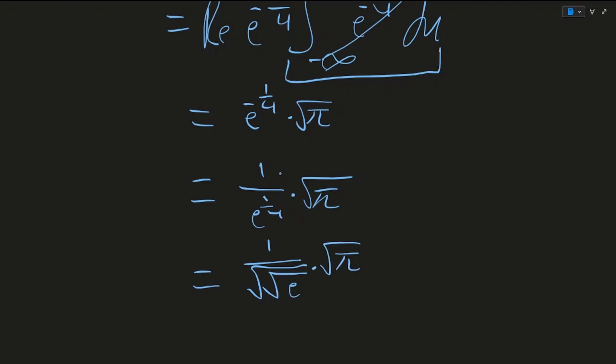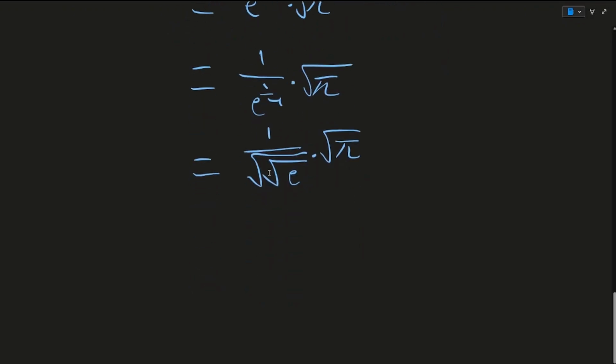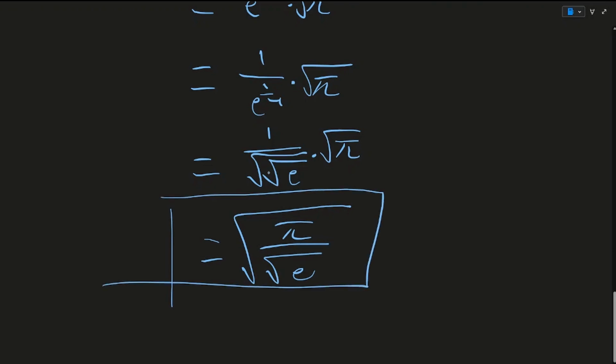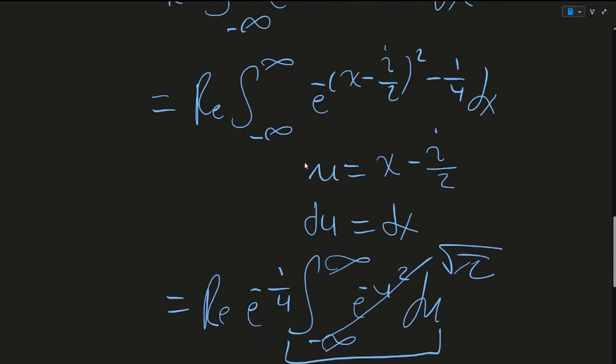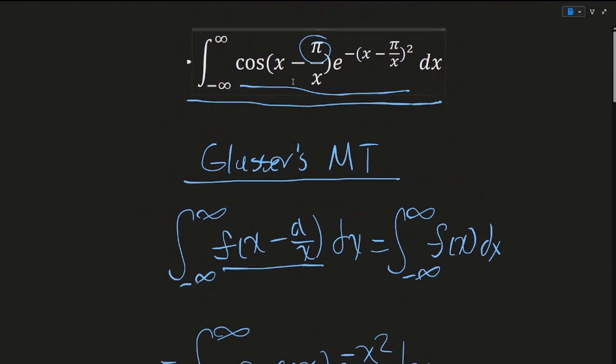So we can take this all into one big radical, and our result becomes radical pi over radical e. And there you have it. That is the result when solving the integral from negative infinity to positive infinity of cosine of x minus pi over x times e to the negative x minus pi over x squared with respect to x.